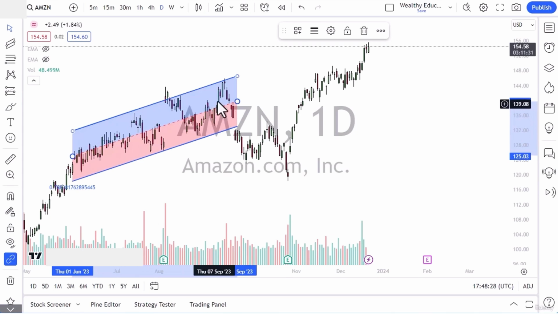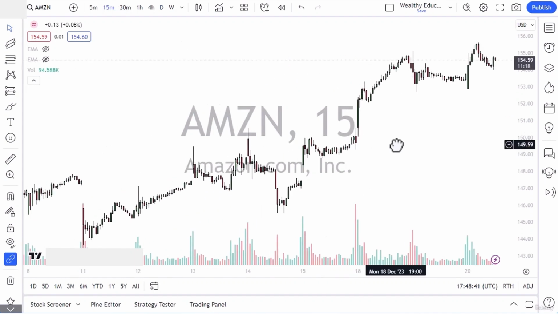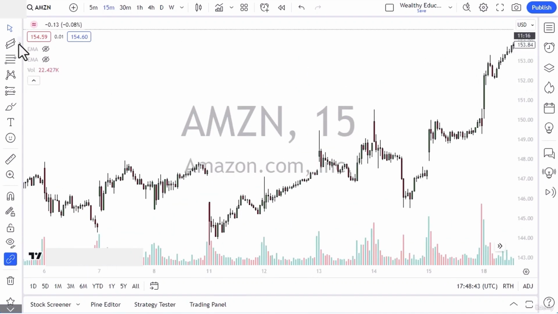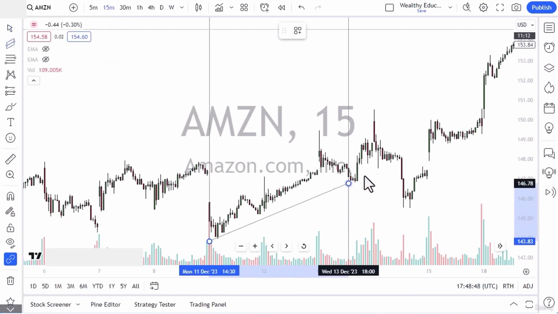This is negative, that's positive. Gives you the idea of which side of the market you want to be on, assuming you're going to stay in this channel. Probably not as commonly used, but it's probably more useful, quite frankly, on a shorter term chart. At least that's my personal opinion.